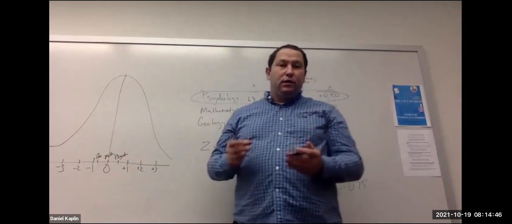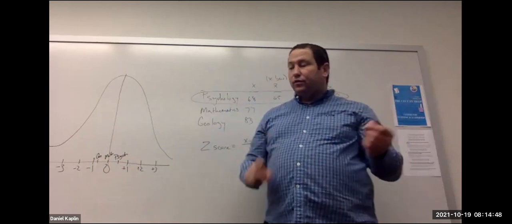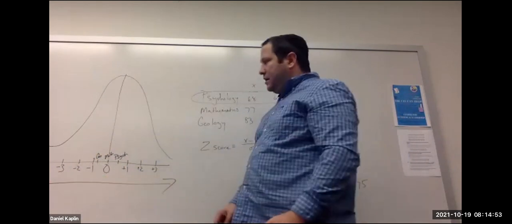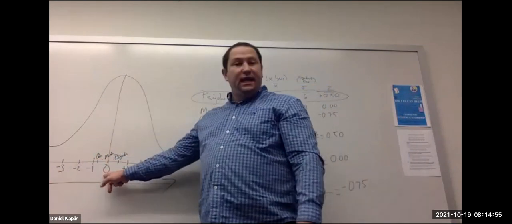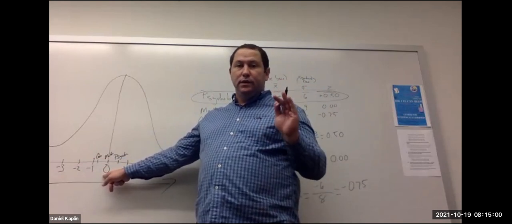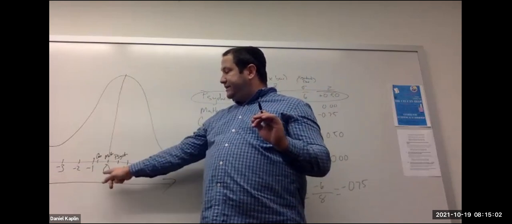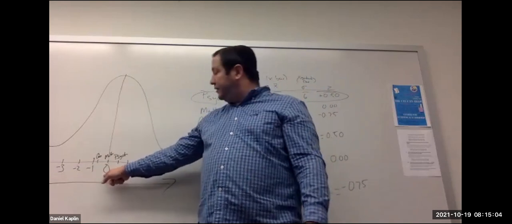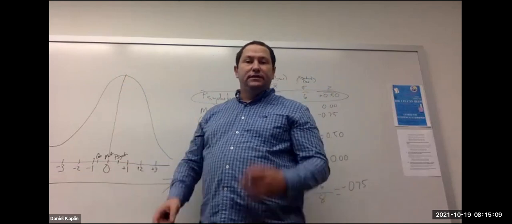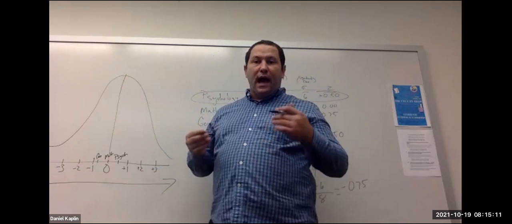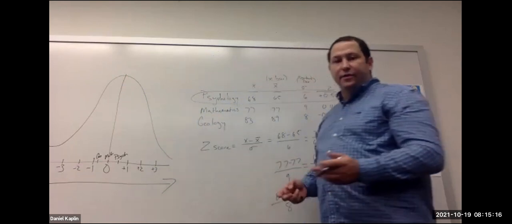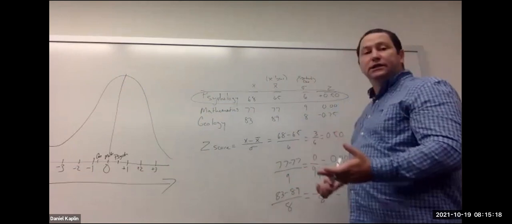And if we're going to look at percentile rank, we follow it this way. So the mean, remember, in a normal distribution, the mean, median, and mode should be the same. So this is the 50th percentile. So actually, psychology is up here. So similar to what I said, people actually did better in this example in psychology rather than math and geology.